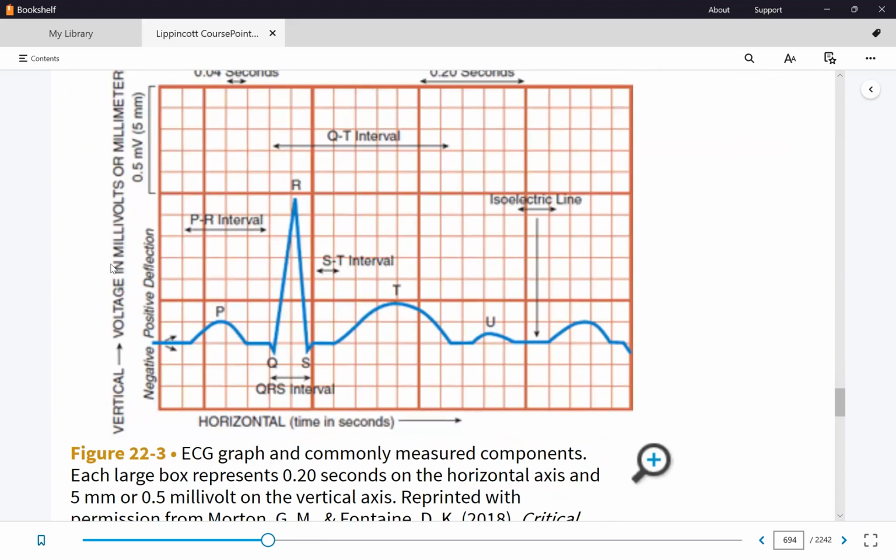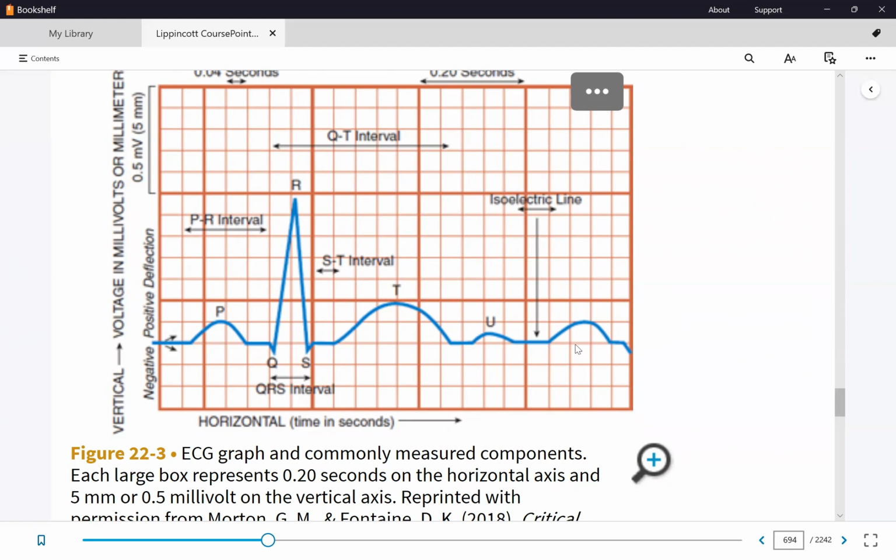First of all, let's explain the graphs. So the ECG paper has vertical and horizontal lines, yeah? And because of these lines, we have small boxes and big boxes. So this is one small box right here. And this is one big box. Again, one small box and one big box.